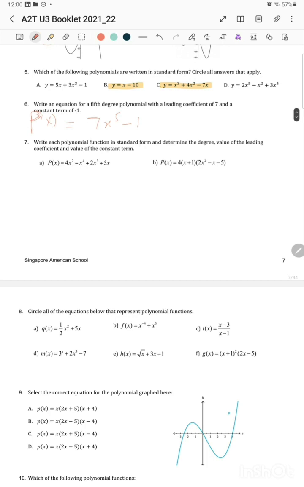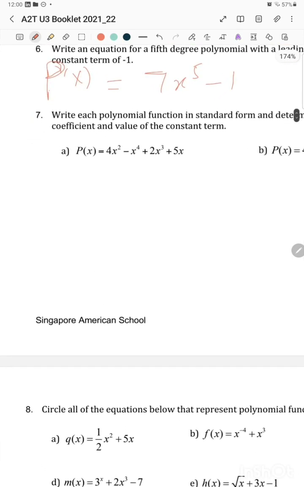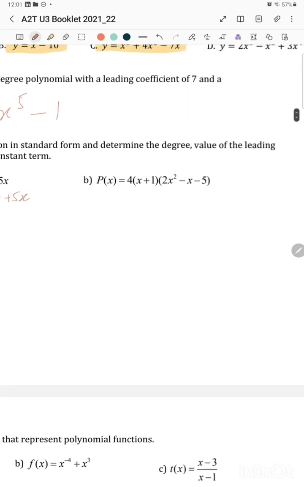Write each polynomial function in standard form and determine the degree, value of the leading coefficient and value of the constant term. Leading coefficient -1, degree is 4, and the constant is 0.